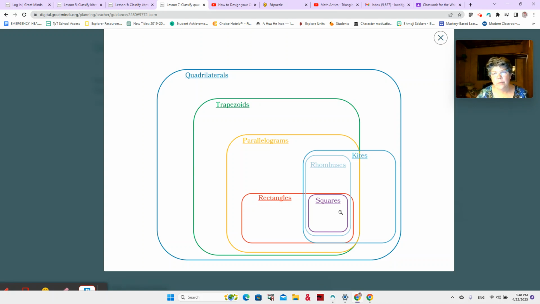But now we know that it only means that you have 4 right angles. It doesn't matter what the sizes are. So a square is 4 right angles, but it's still inside of a rectangle. 4 right angles and 4 sides the same. Okay, very important that you understand that.